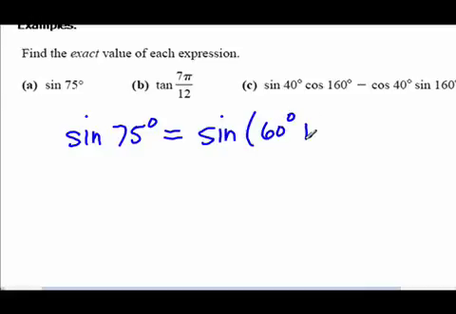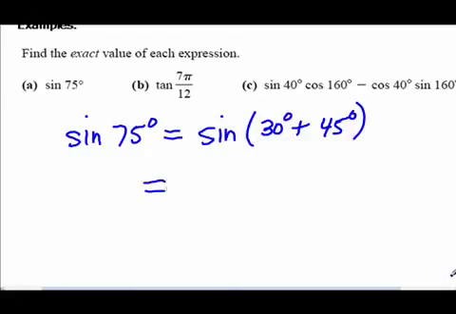What did he just say? Let's try another combination. 30 plus 45. Because I don't know 15. I will know 15 in about a week, because we do half angle identities. There's a relationship between the sine of 30 and the sine of 15, but we'll learn that one later on.